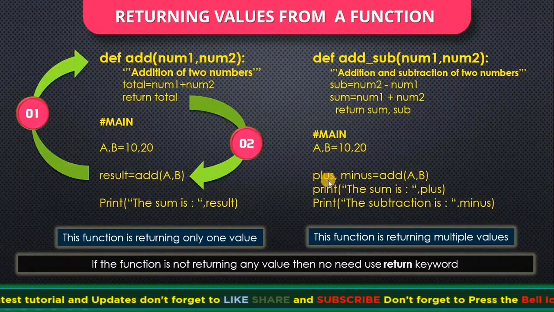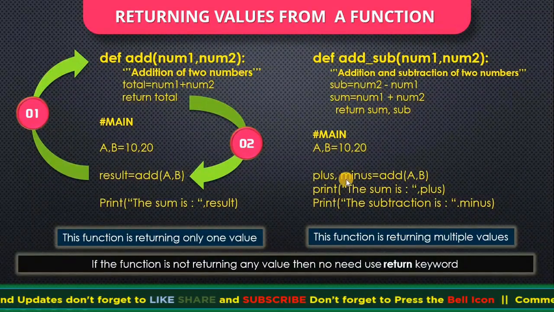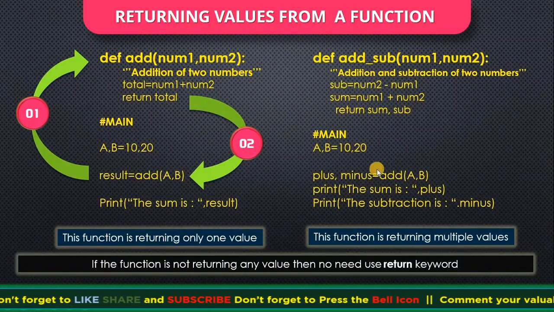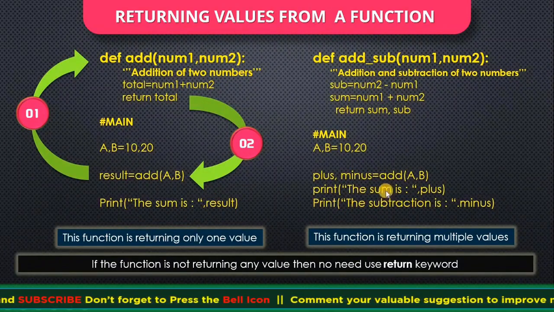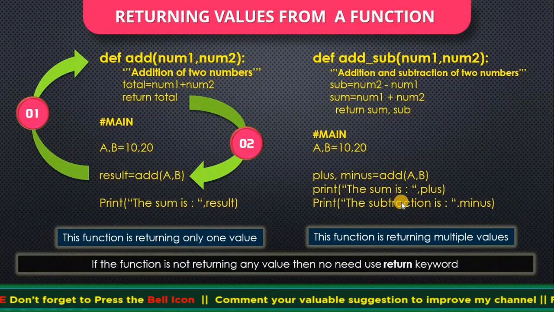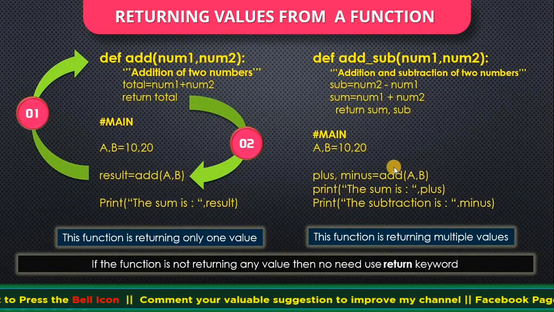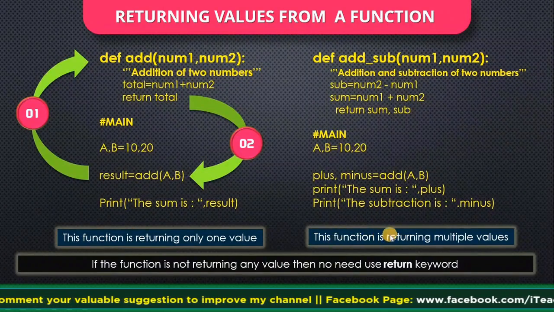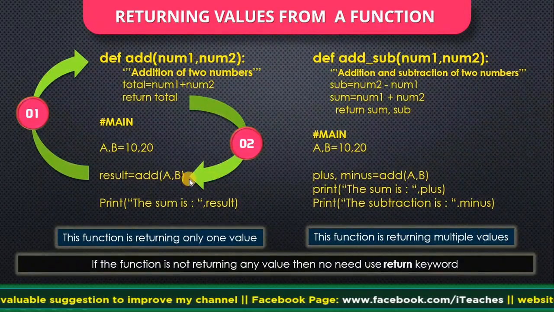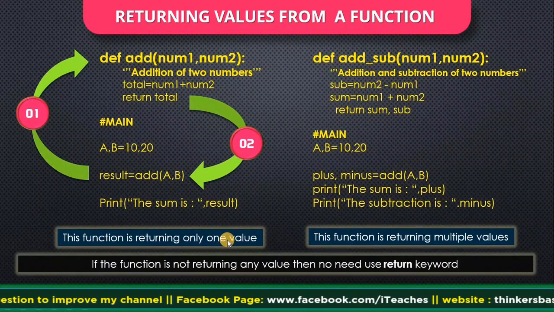So sum result I have stored in plus and the sub result I have stored inside the minus. And finally, simply, we can display the output using the print. So this is the way you can return multiple results. This function is returning multiple values and the earlier function is returning only one value.